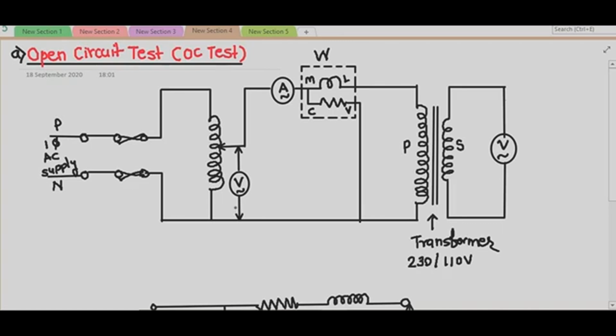So in this test, we have to apply the rated voltage across the primary of the transformer. For applying the rated voltage to the primary, we have used the variac, which is also called an auto transformer.